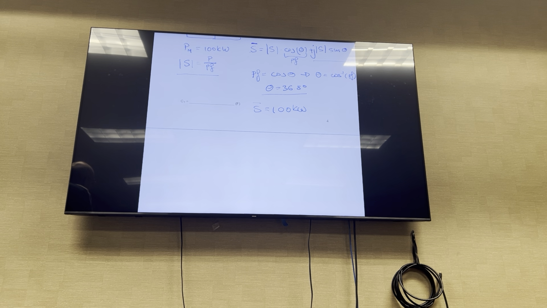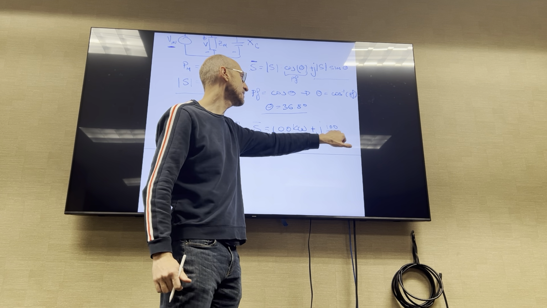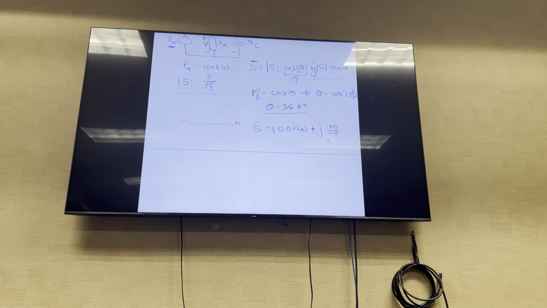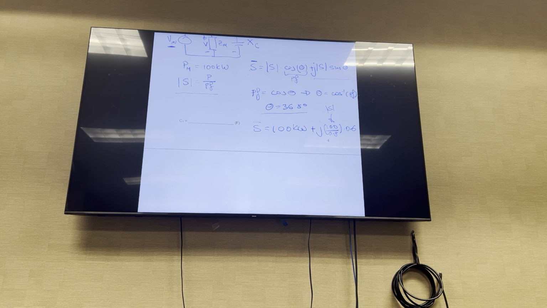Positive. Q is positive, right? So I have plus J times 100 divided by 0.8, which was my S, right? From this equation over here. That's S magnitude times the sine of theta, which is 0.6. So this here was S magnitude. And this was 100 divided by 0.8 multiplied by 0.8, which is 100, of course, right?